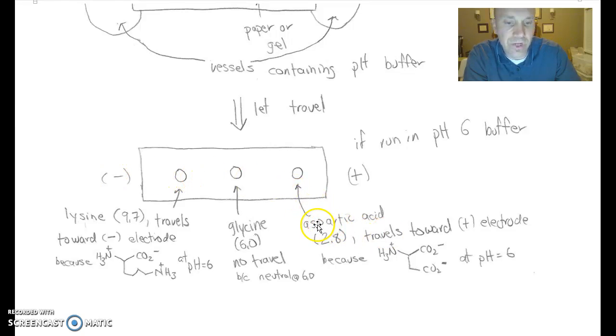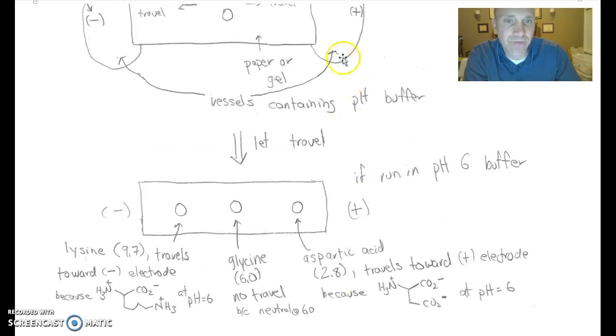However, aspartic acid has an isoelectric point of 2.8. With the buffer at 6.0, aspartic acid exists primarily in this form right here, which has an overall negative charge, and because of that it wants to move towards the positive electrode.